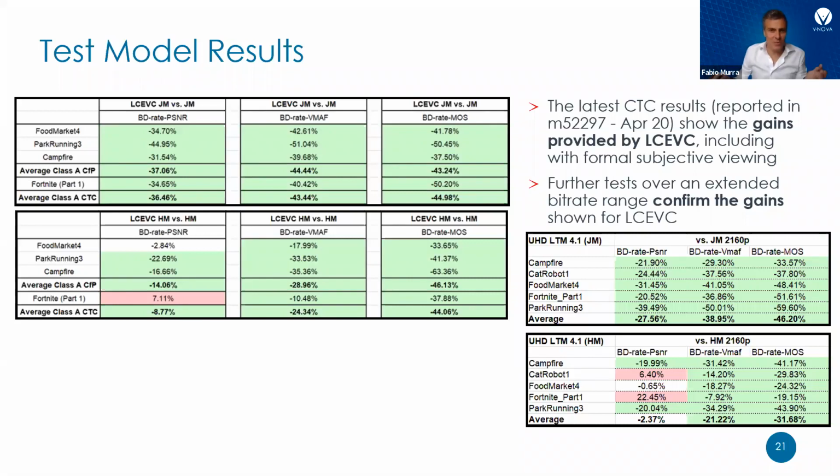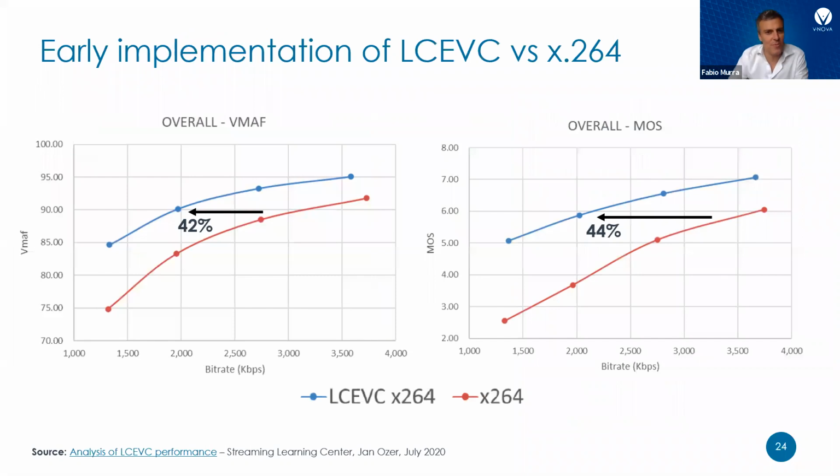So depending on the metric of choice, benefits, in this case with the reference model, will vary between 35 and 45% for 264, and from 9 to again 40% with HEVC. Again, these are test model results. Similar behavior and similar performance gains we'll see with the application of LCEVC on real-life implementations of these standards.